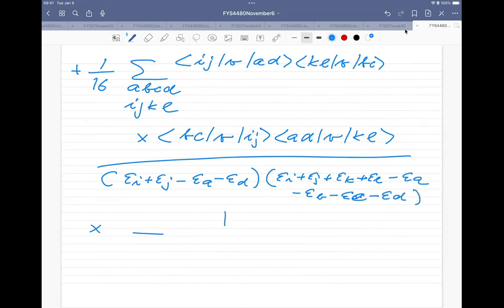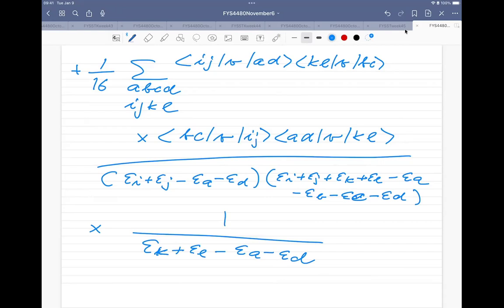And then there is a final interaction, now the energy denominator, which is an epsilon I, an epsilon K plus an epsilon L minus an epsilon A minus an epsilon D. That's the final expression for this contribution.